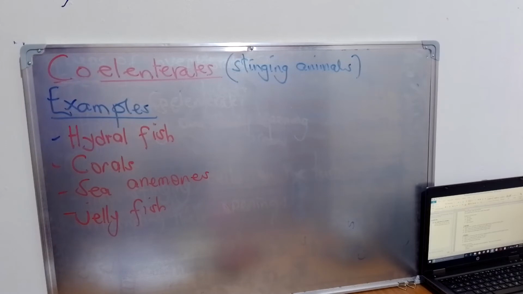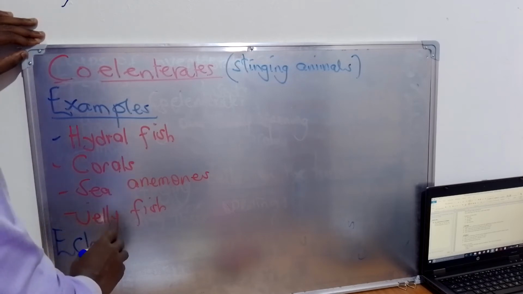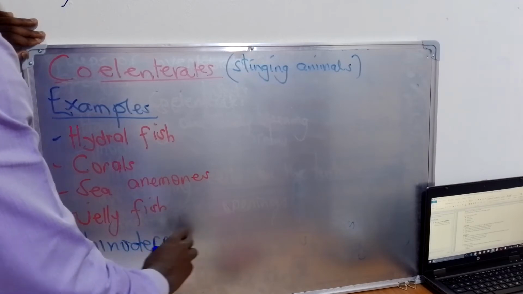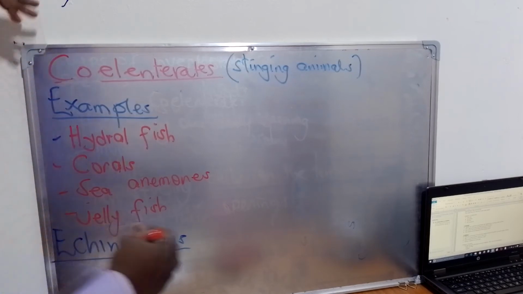Without wasting much of our time, let us straight away head to what we call echinoderms. These are invertebrates whose skin is spiny.